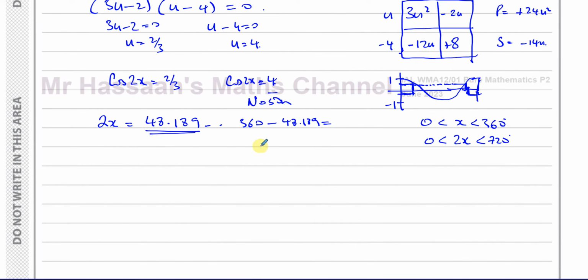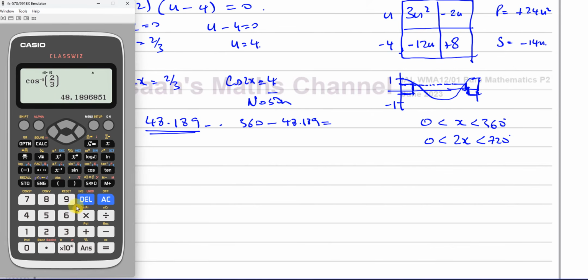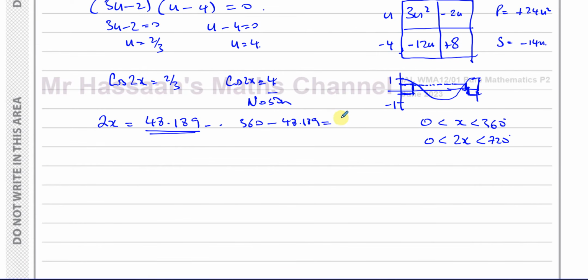So for the cosine curve, you find the main angle and 360 minus that main angle to give you the two main solutions. So we do 360 minus that answer, and that gives us 311.810. Those are the two main solutions so far.